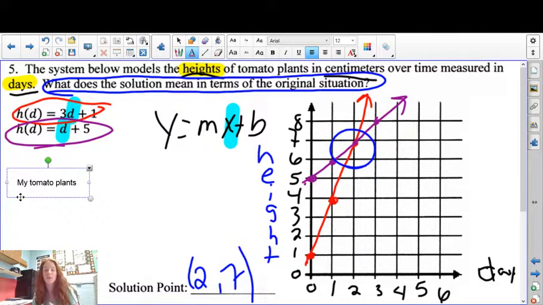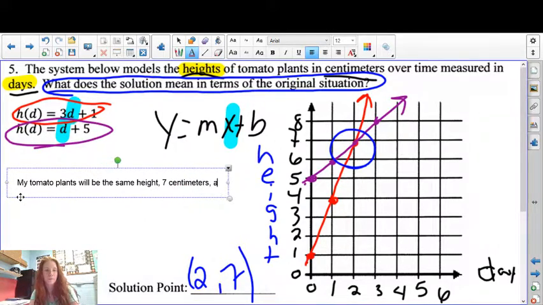So how many days will it take for them to be the same height, essentially, is what this question is asking. So the tomato plants will be the same height, which in this case, they end up being 7 centimeters. After only 2 days.